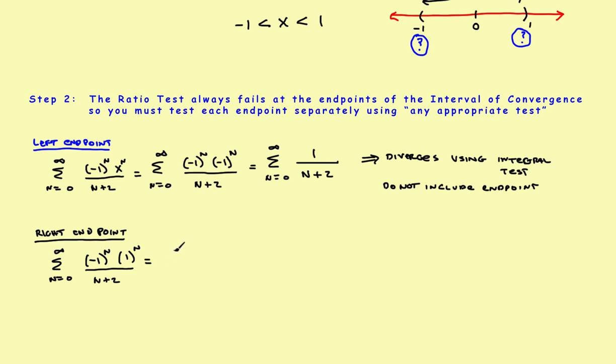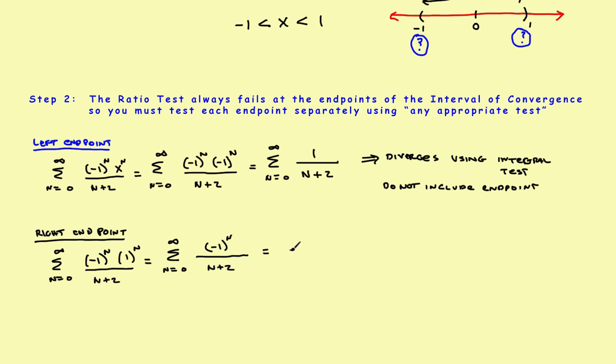Now this time it'll look like this. Summation n goes from 0 to infinity, and again, 1 to any power is just 1, so this will wind up being negative 1 to the n divided by n plus 2. And you want to know, does this series converge or diverge?